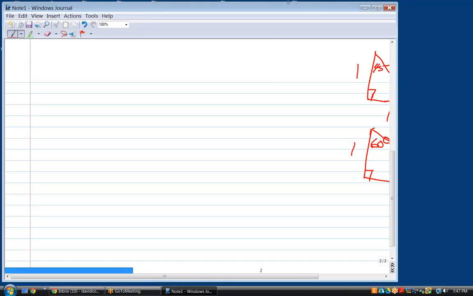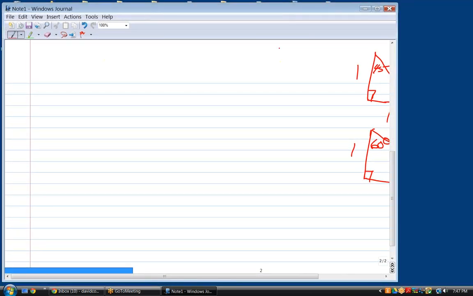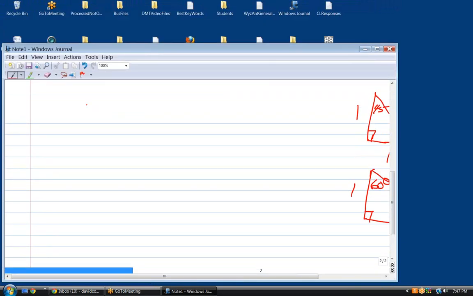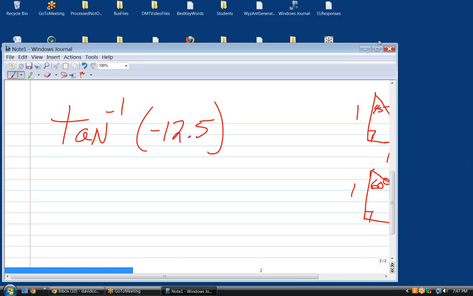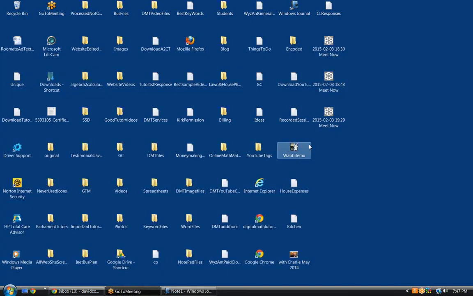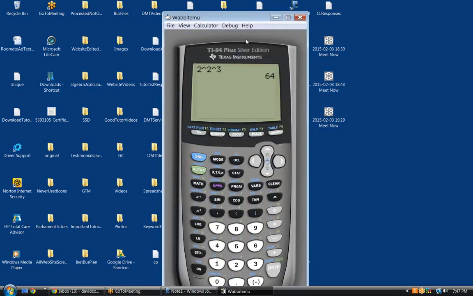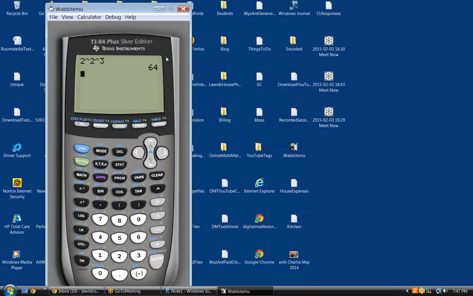So the first one here is inverse tangent of negative 12.5, and it wants answers in degrees. Let me bring up my calculator here. I'm in degree mode.